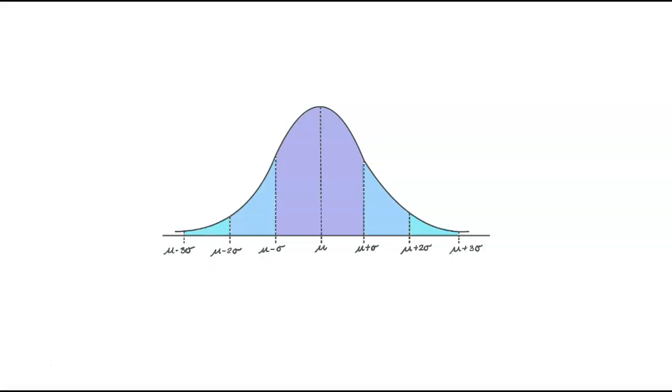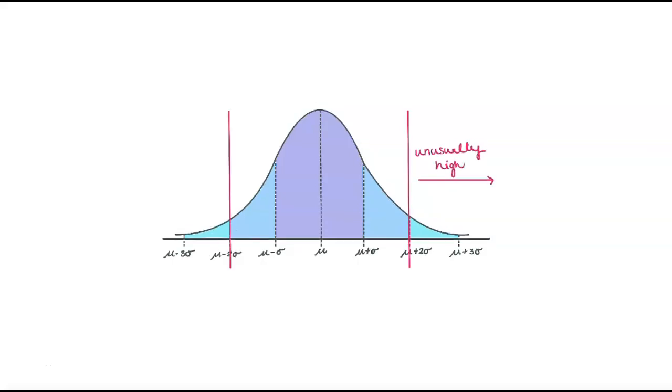We consider data values that are more than 2 standard deviations above or below the mean to be unusual. More than 2 standard deviations above the mean, we consider unusually high, and more than 2 standard deviations below the mean, we consider unusually low. And data values in between, we consider usual.